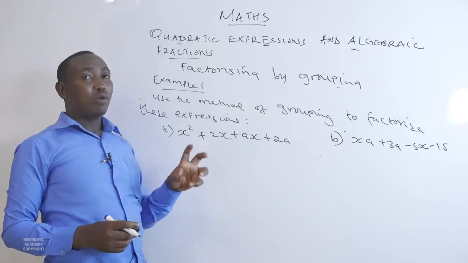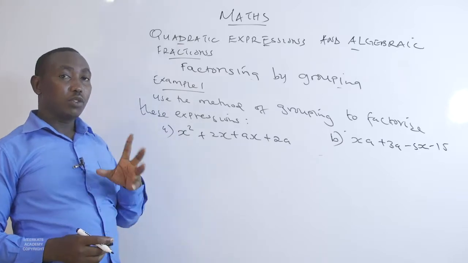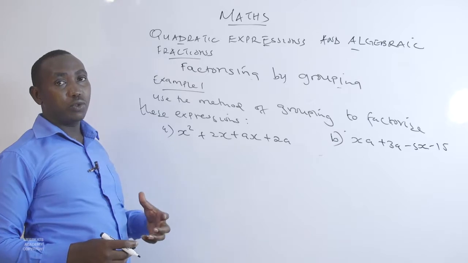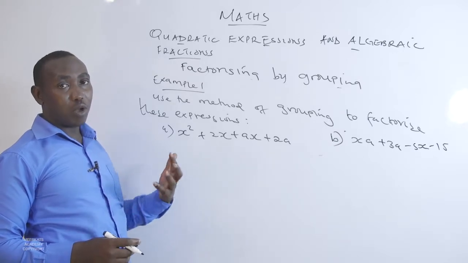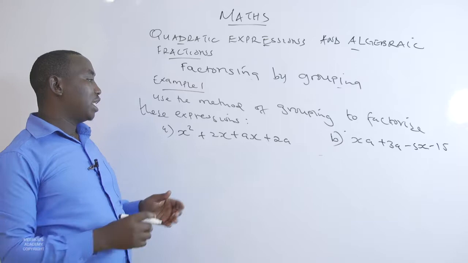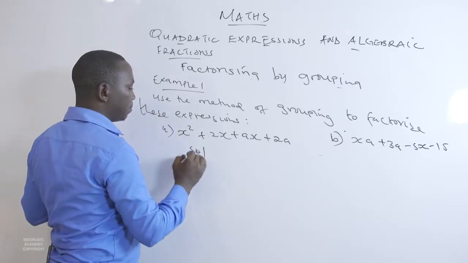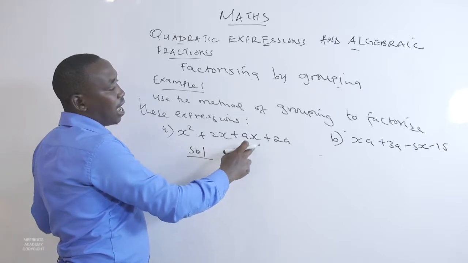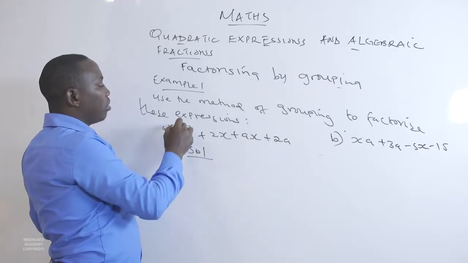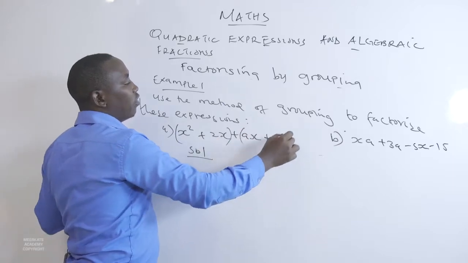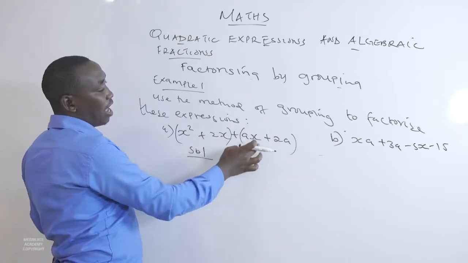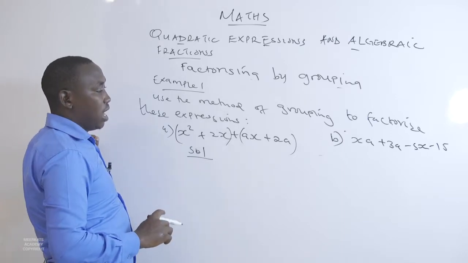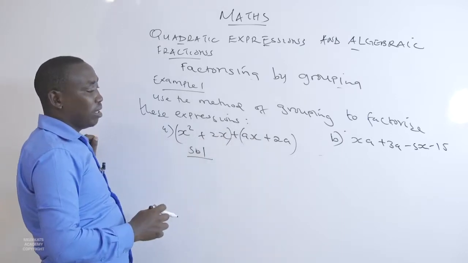We had said that factorization by grouping involves two critical steps. One is pairing the terms, and two is identifying the binomial common factor. In the first case, we are having x squared plus 2x plus ax plus 2a. So we can pair them comfortably because each of them will have a common factor. Then we move on and factorize each of them independently.